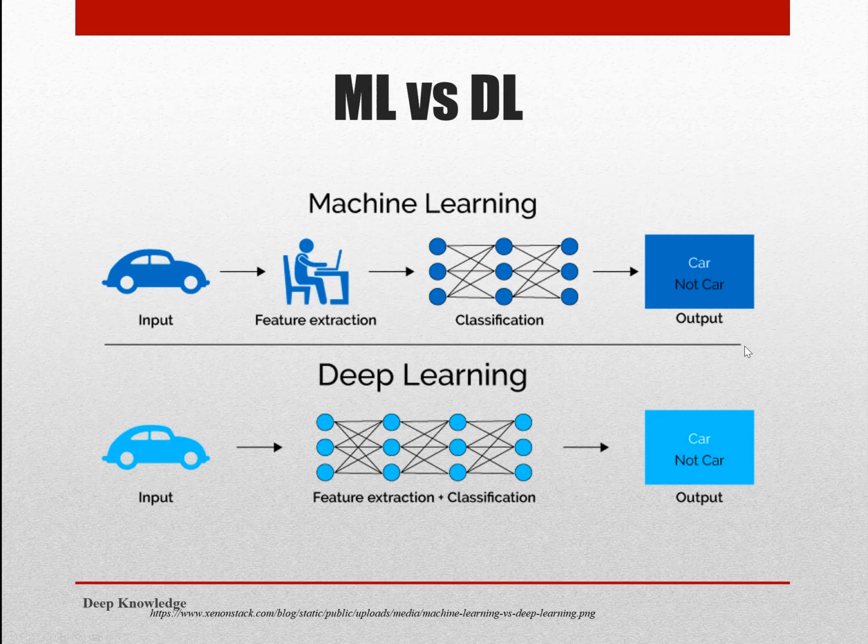What is the difference between machine learning and deep learning? Assume that we build a system that classifies this image as car or not car. In machine learning, we have to extract the features manually.